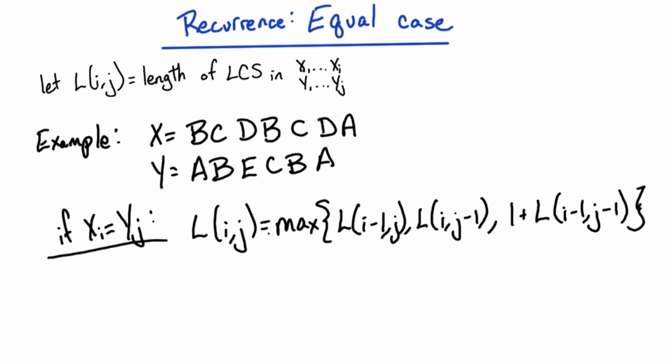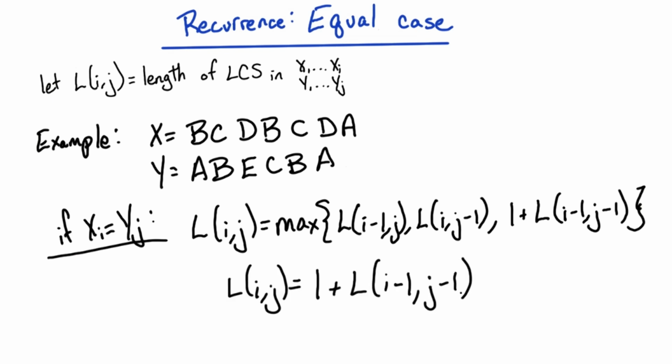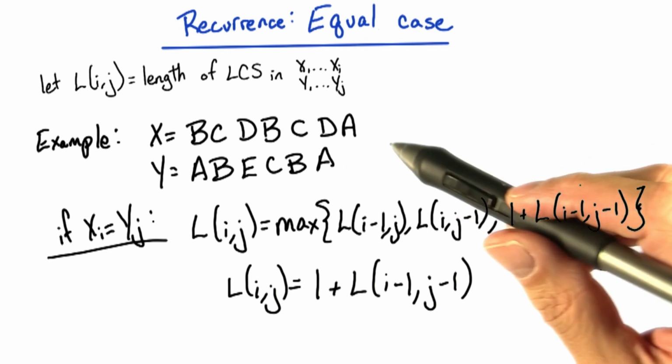And we take the max of these three. Some of you may have noticed that, in fact, the recurrence in this case can be simplified even further. We only need to consider the last case, where we append on xi, yj, the common character, onto the end. Let me give you some brief intuition about why that's the case.